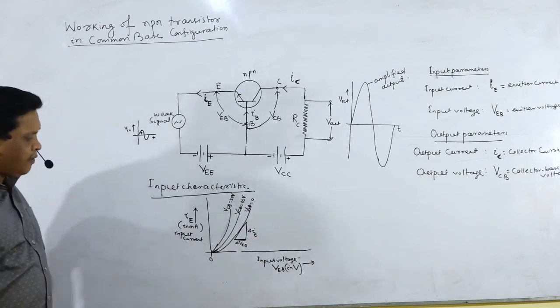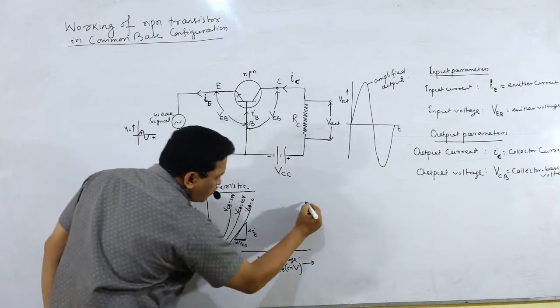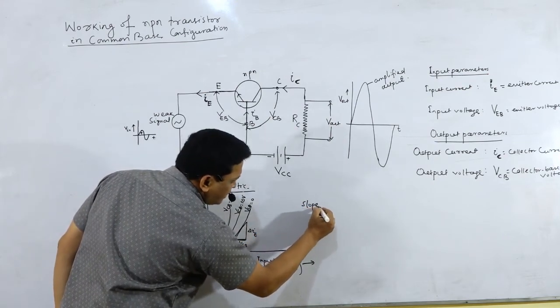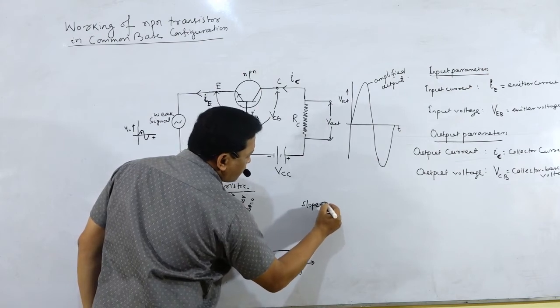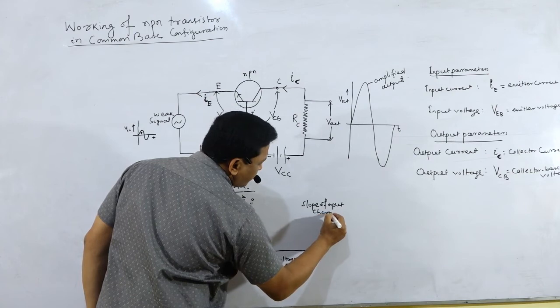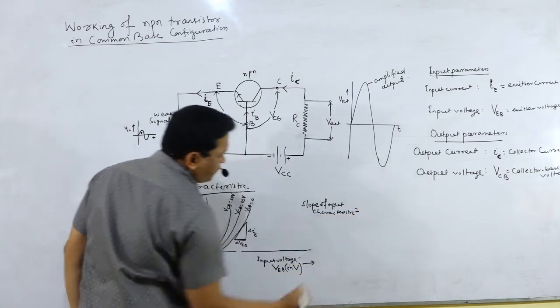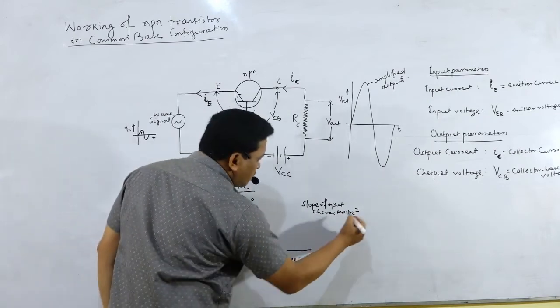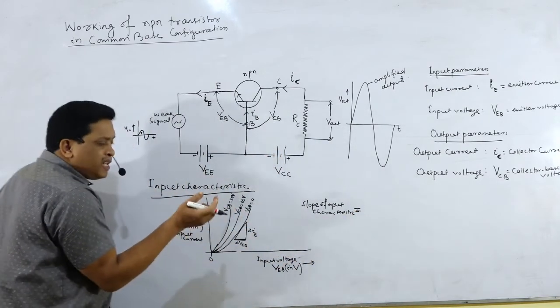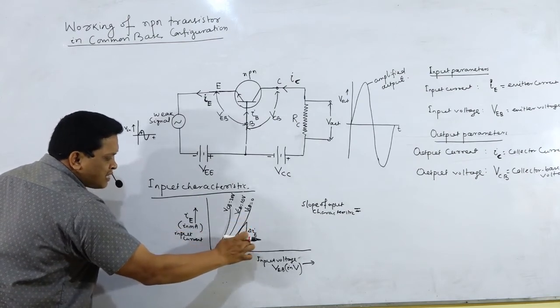So the slope of input characteristic is, as per definition of slope, change in y coordinate by change in x coordinate.